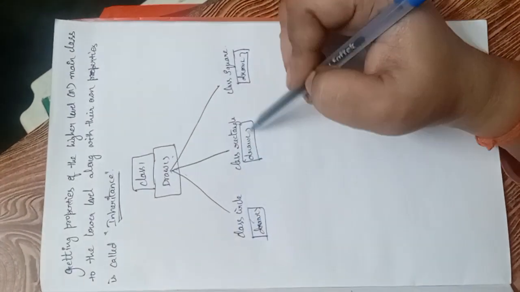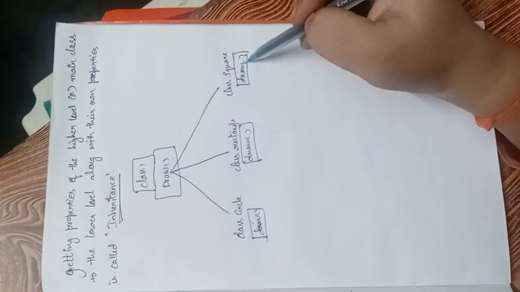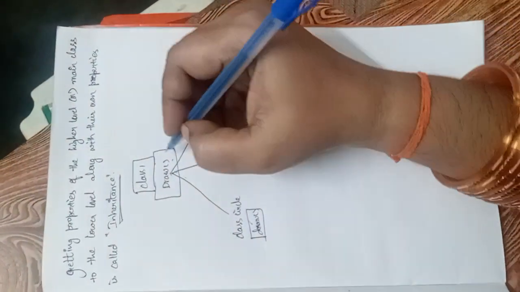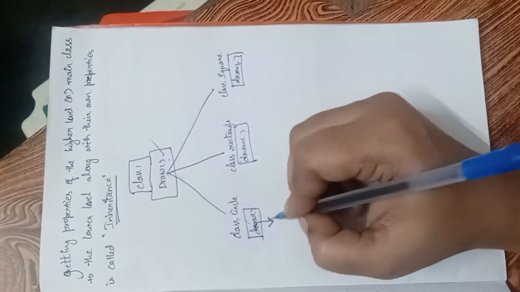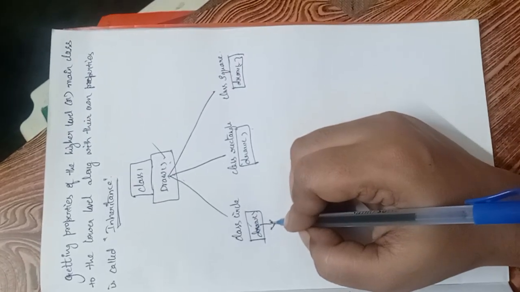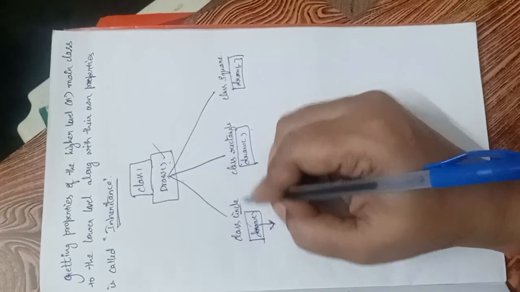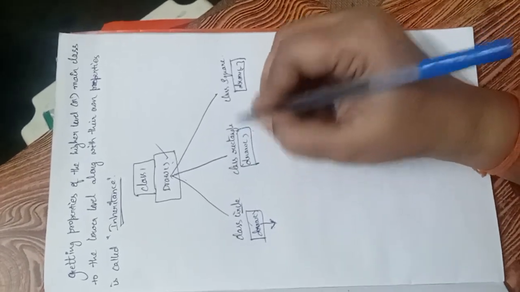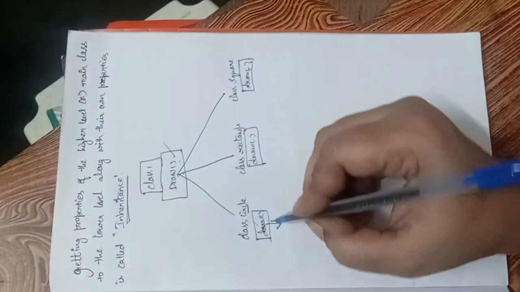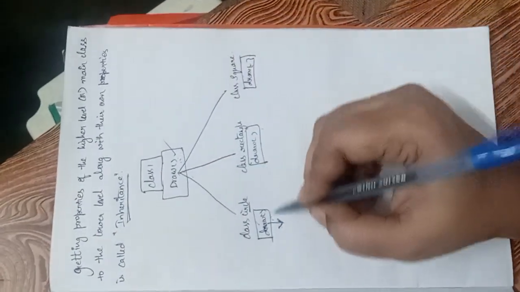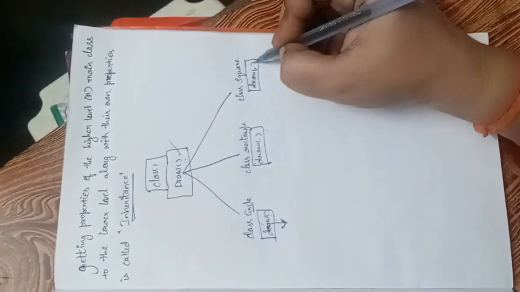They get the draw function, but along with it they have their own properties, because they are used for different shapes. So these three will have the same properties of class 1 and their own.